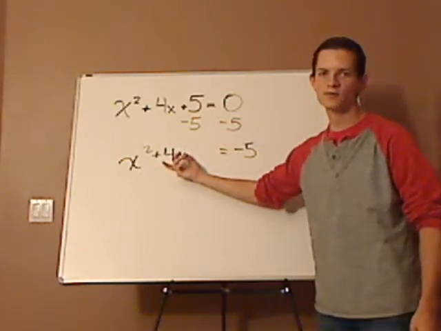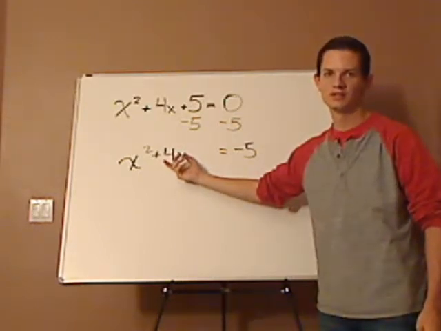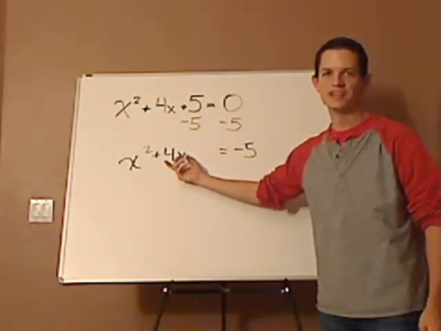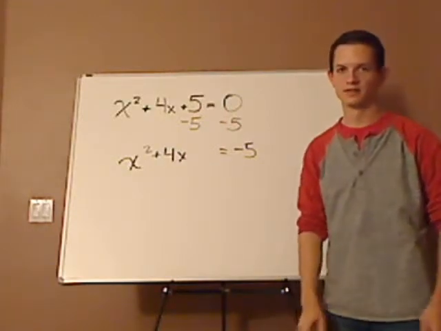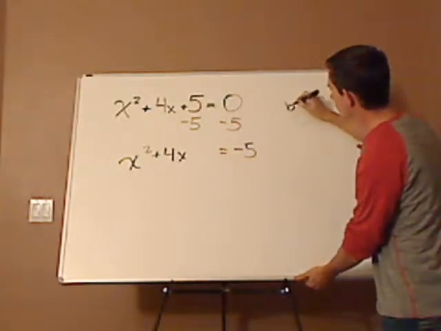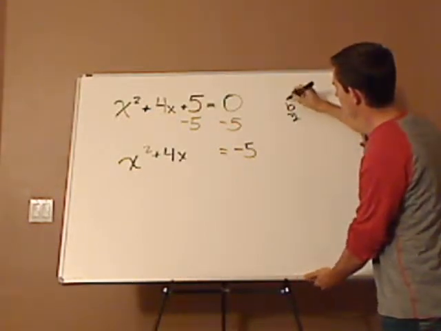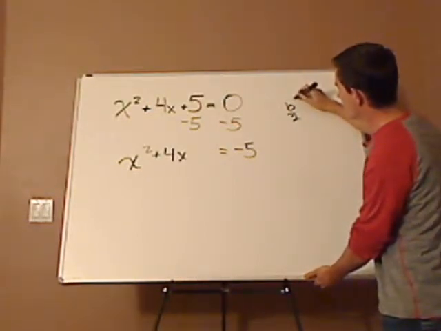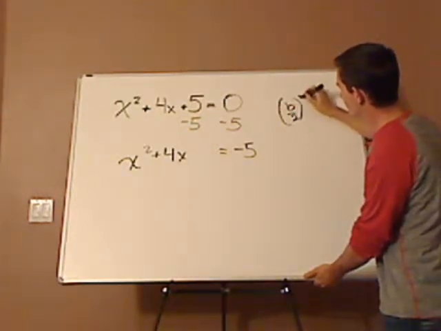Now, the next thing you want to do is take half of 4, and then square it. So what you're doing is you're taking the b, you're halving it, and then you're squaring this whole thing.